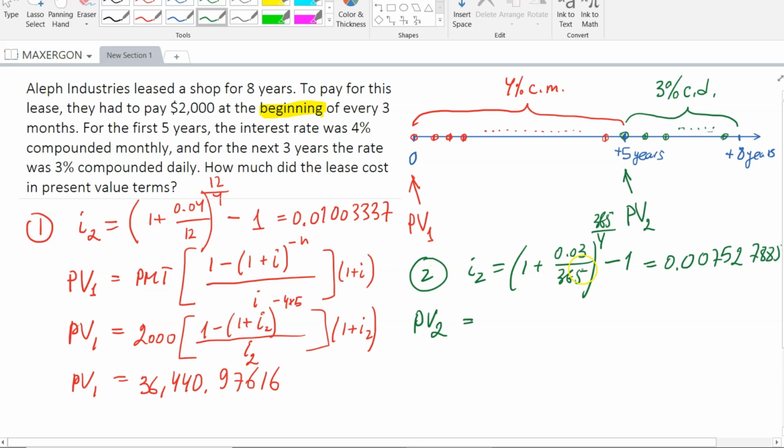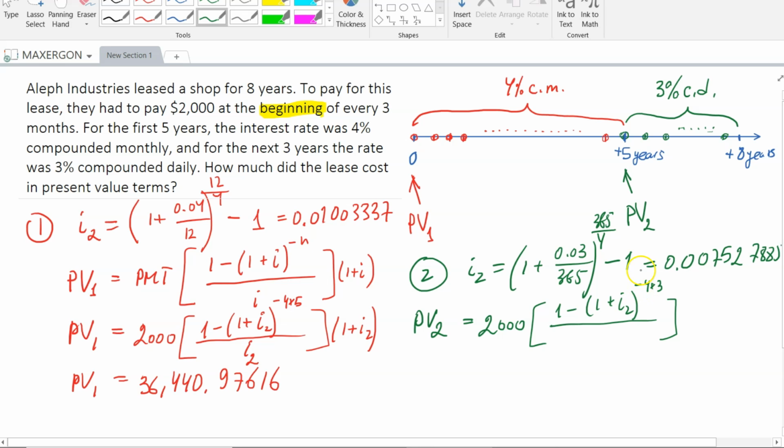Present value 2 is found using the same formula for a simple due annuity. Of course, we understand that our annuity has become simple now after we converted the rate. The payment is still $2,000. The I2 we are going to use now is the I2 we found in the second part. The total number of periods is going to be 4 times 3, because here we're dealing with 3 years in the green period.